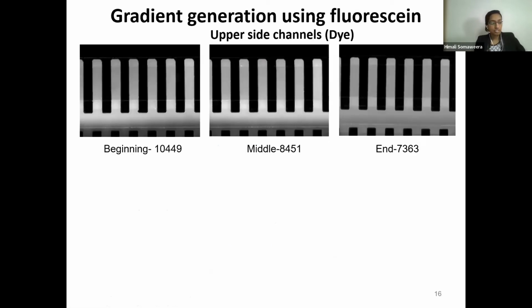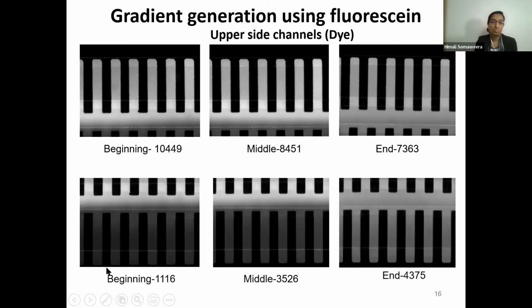To demonstrate how the chip works, I use the fluorescence dye as I mentioned before, and flow the buffer from the other side. Once we have two flows going into the channel, you can see these are the intensity values. At the beginning of the channel, the upper side channel has a higher intensity value, and it keeps decreasing towards the end, which means the concentration of the dye is decreasing.